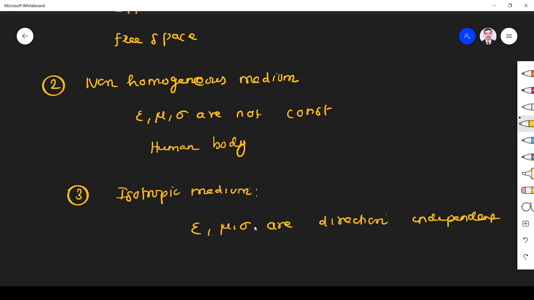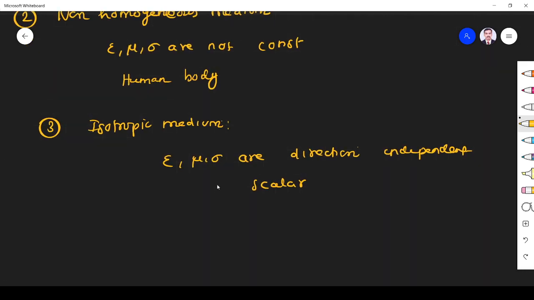What do you mean by direction independent? These quantities are only scalar because scalar is independent of direction. Again, the best example is our free space. So free space is a homogeneous medium. Free space is an isotropic medium also.